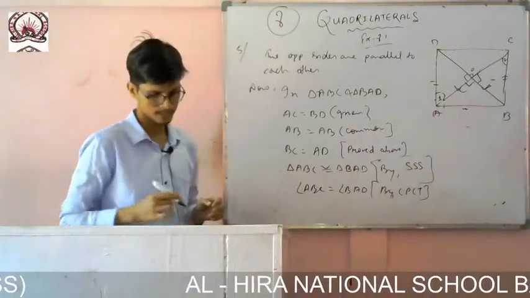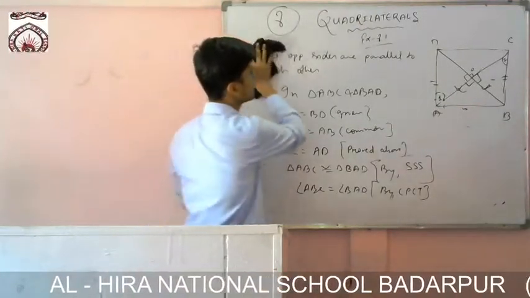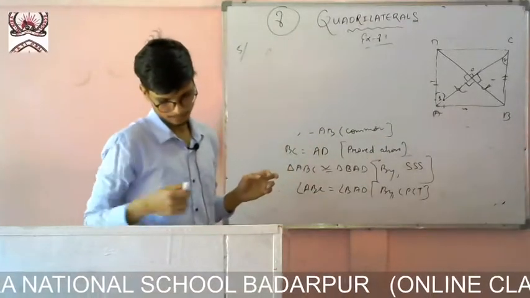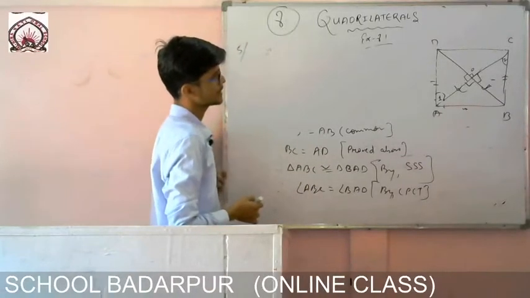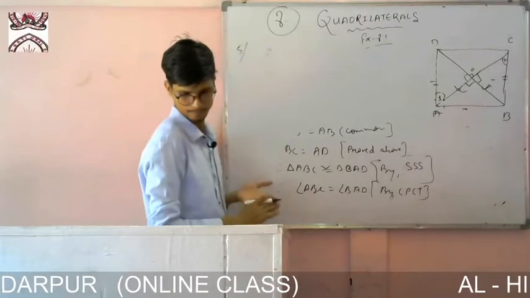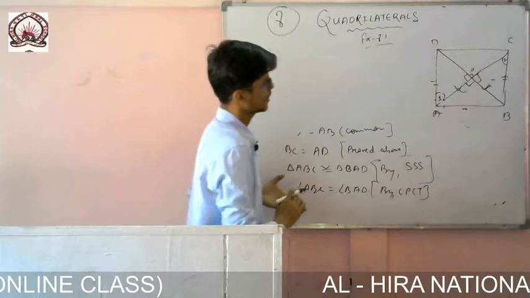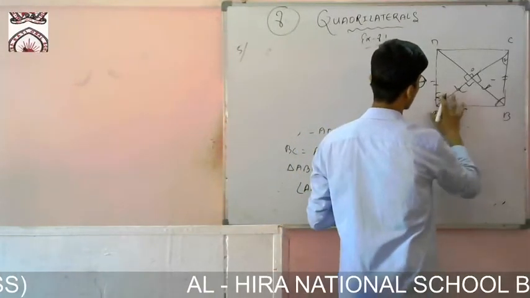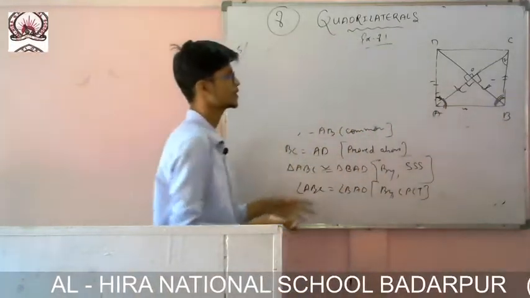After that, just like earlier, since AB is parallel to CD and if I take this as a transversal, these two will be alternate interior angles. If you just recall, this other pair will be co-interior angles.